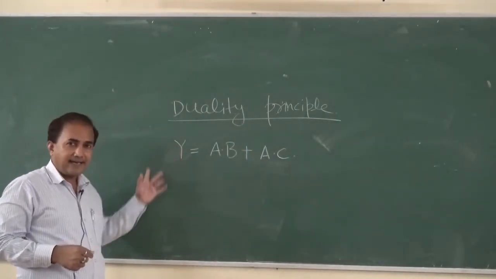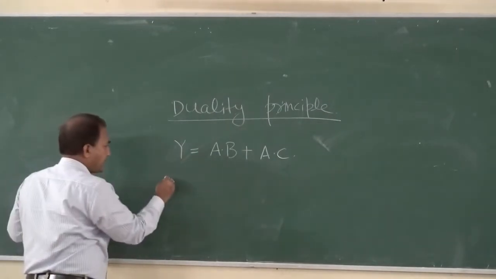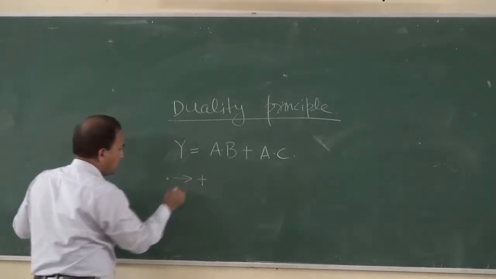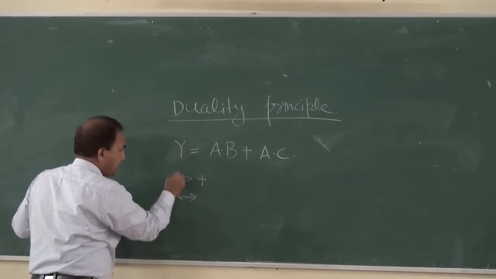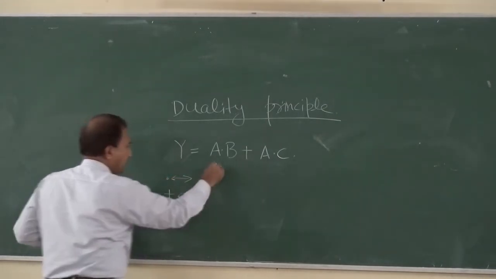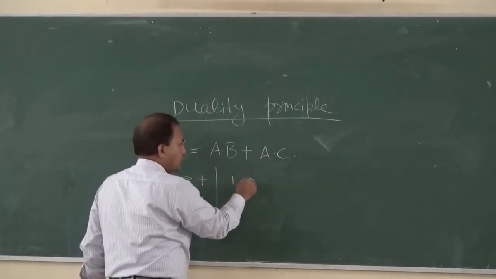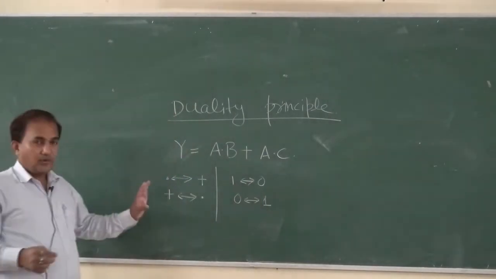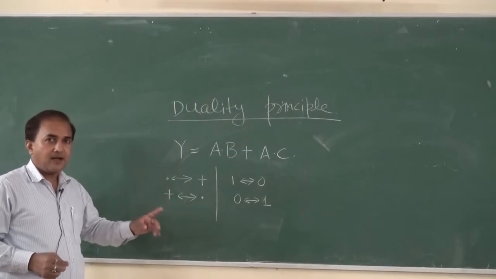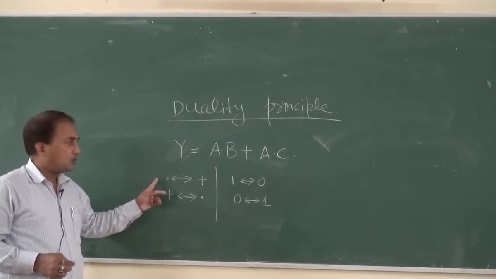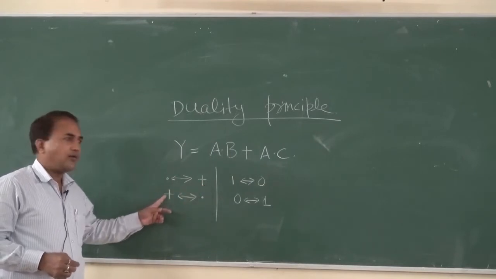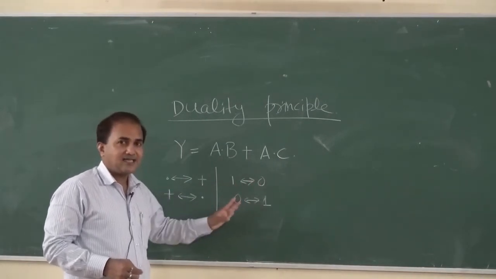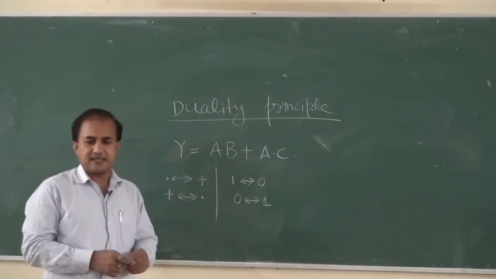You can get the dual of any expression by converting an AND operator to OR and OR to AND, and 1 to 0 and 0 to 1. In this way you can get the dual of any expression.